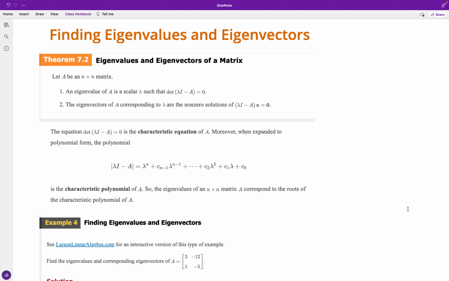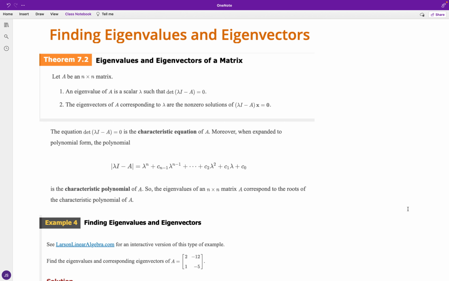The equation determinant of lambda I minus A equal to 0 is the characteristic equation of A. Moreover, when expanded to polynomial form, the determinant of lambda I minus A is equal to lambda to the n, all the way out to the constant c sub 0, with everything in between being coefficients c sub n and variations times lambda raised to the n minus some quantity.